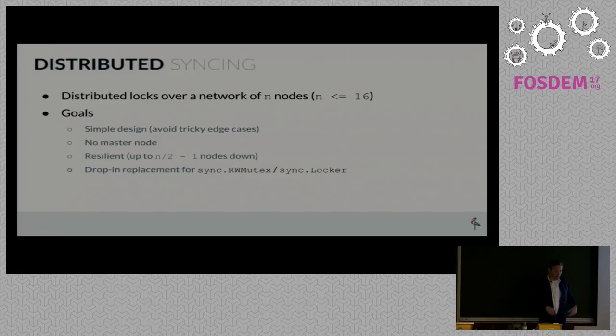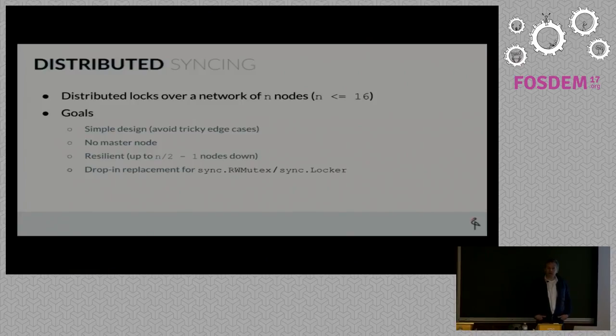So the API or interface is synonymous to sync.RWMutex and the sync.Locker interface. As part of our requirements, we set the maximum number of nodes to a total of 16. You could push that number up a little bit, but 16 is good enough for us.